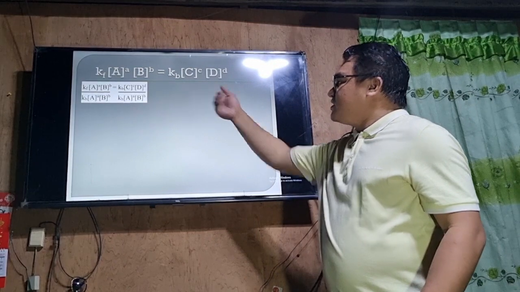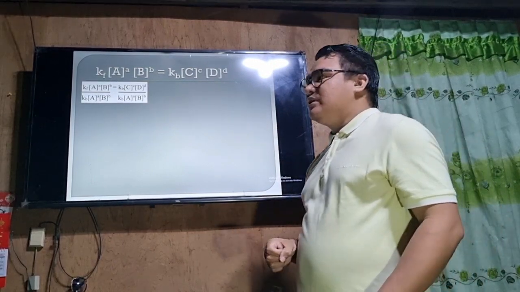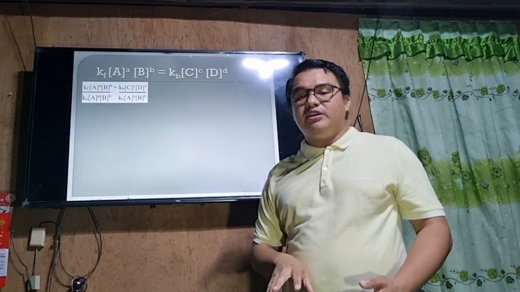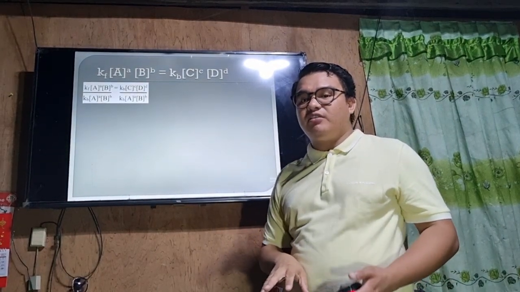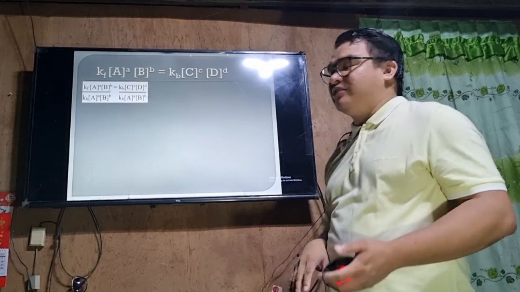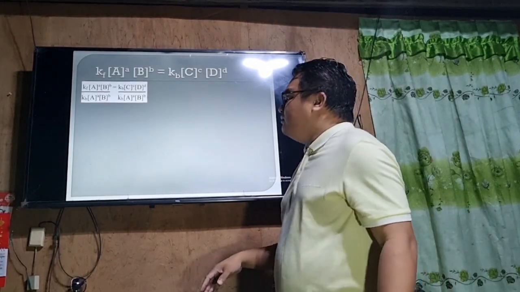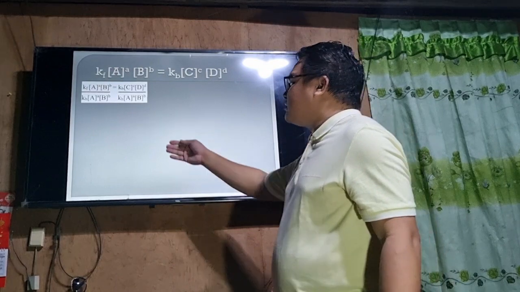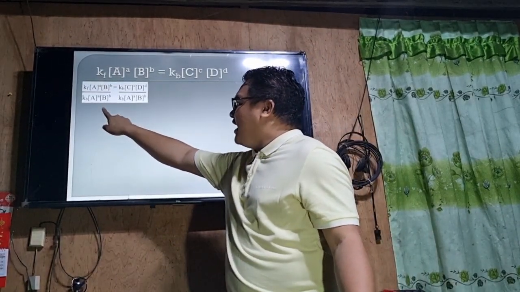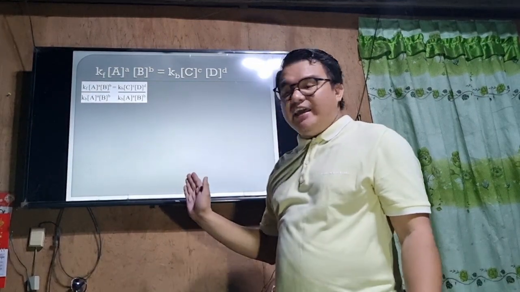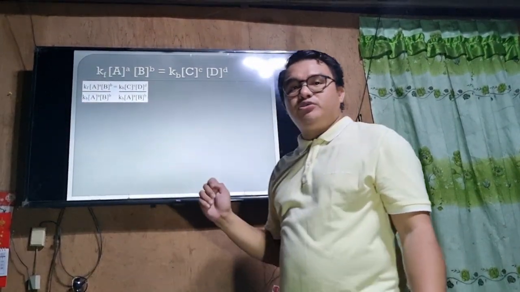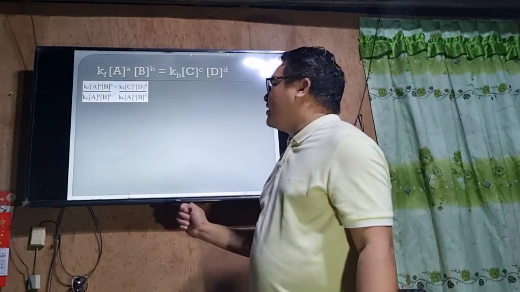As this goes, we are going to get the final formula for the equilibrium constant. So we're going to divide the concentrations of A and B from both sides, and the backward rate constant as well.